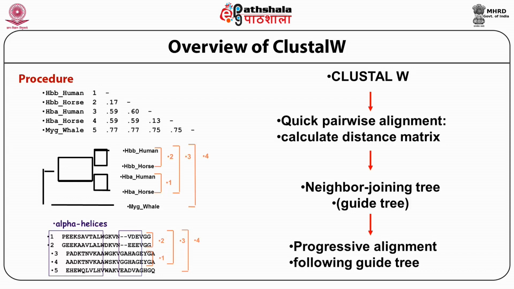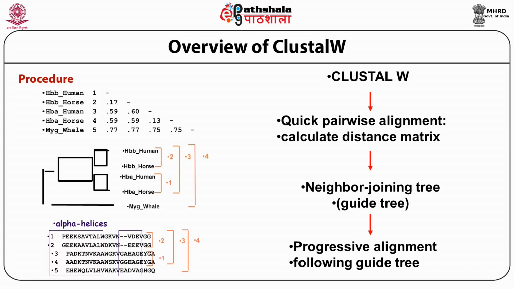Now having done that, what we clearly see is that the hemoglobin of human and hemoglobin of horse, these two are the most similar, right? And between them they have a distance of only 0.13, so we align them first, right?